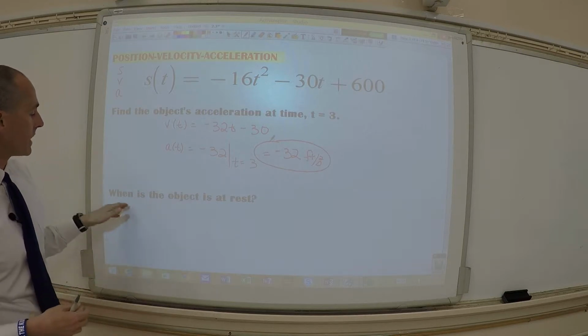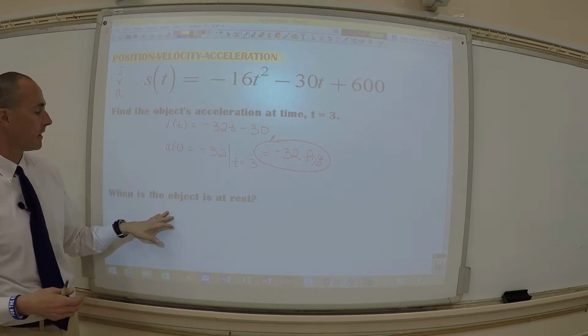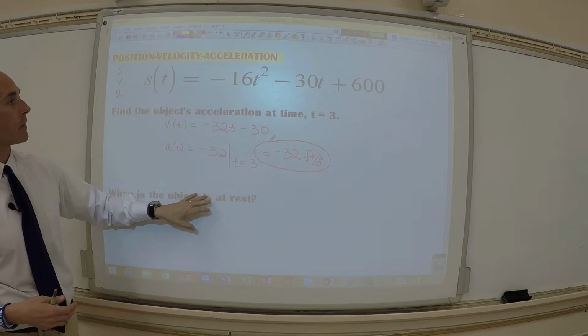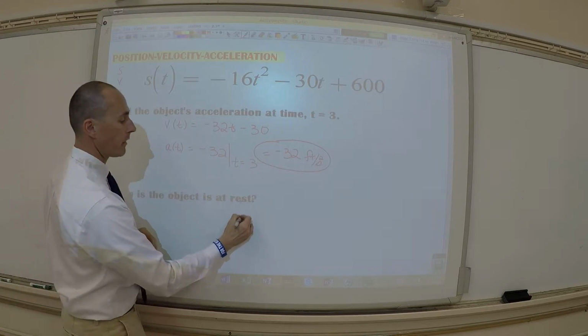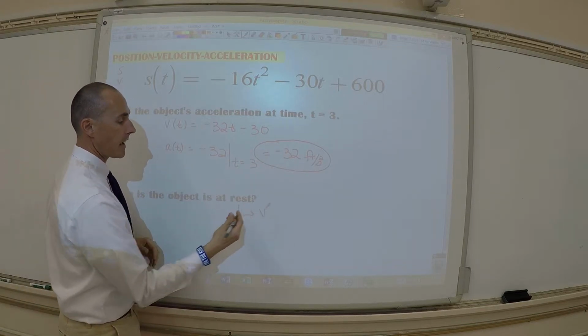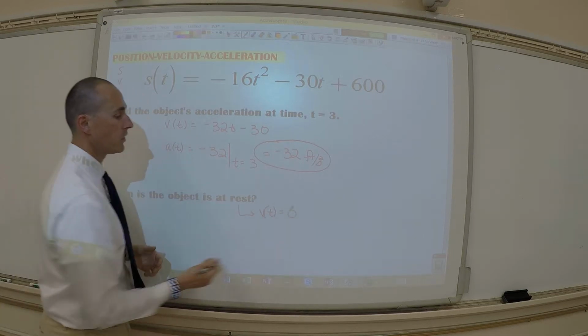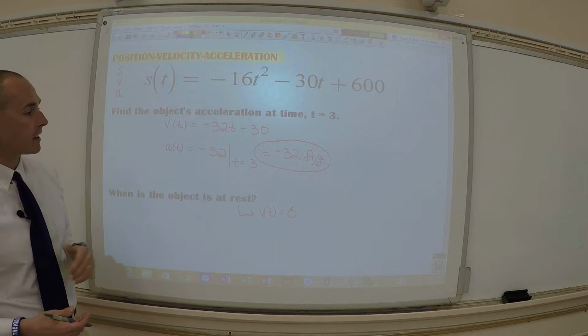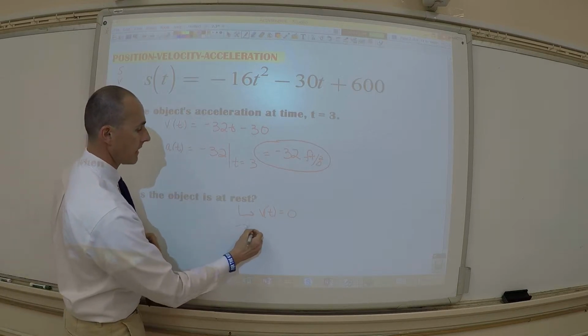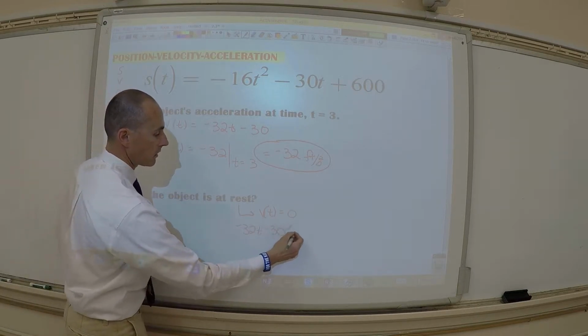And then lastly, this question asks, when is the object at rest? When we're trying to find whether the object's at rest or not, that would have to mean one thing. If it's resting, it's not speeding up or slowing down. Its velocity would have to be 0. So we can go back to the velocity equation and set that equal to 0.